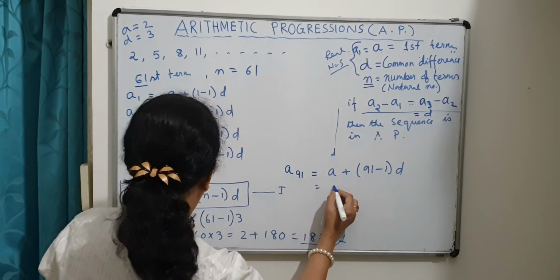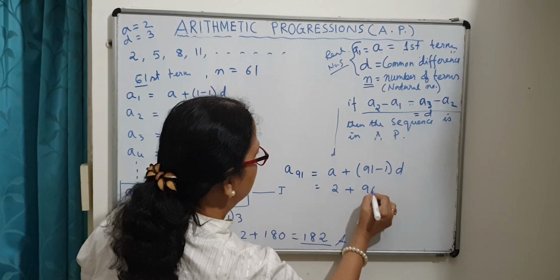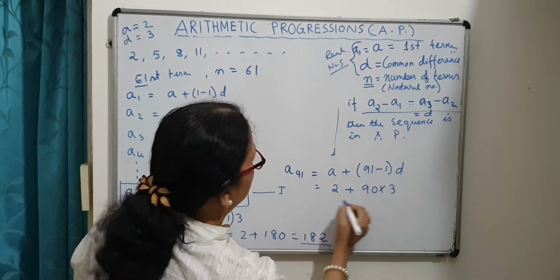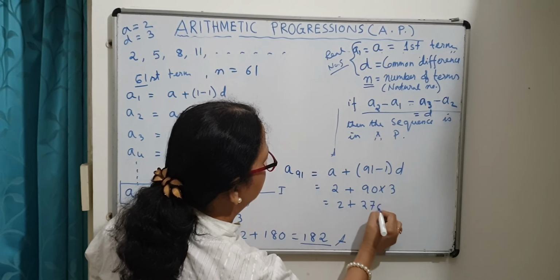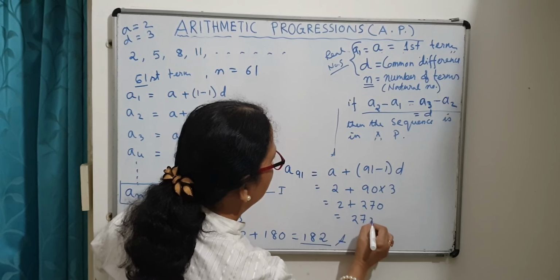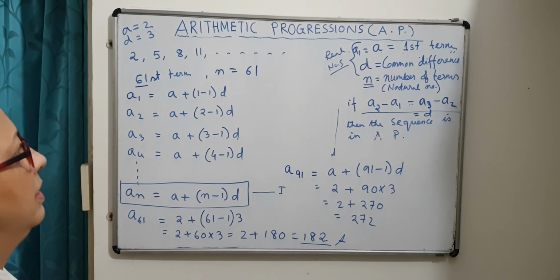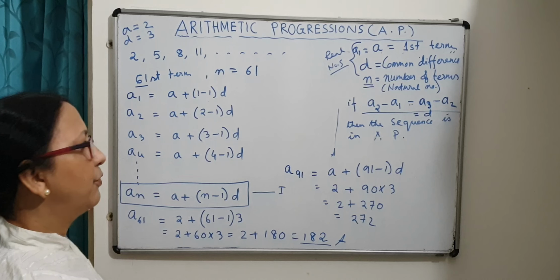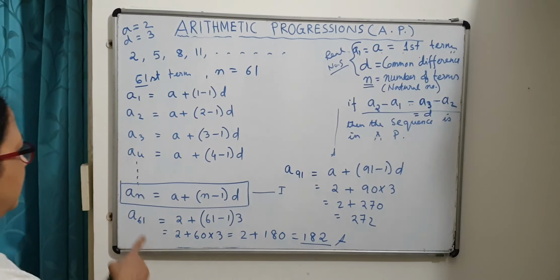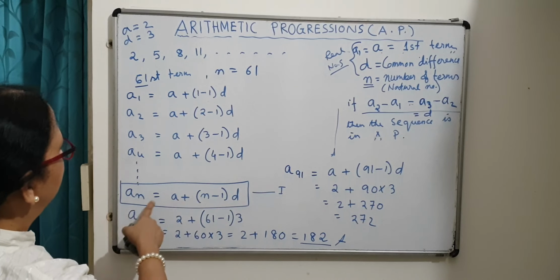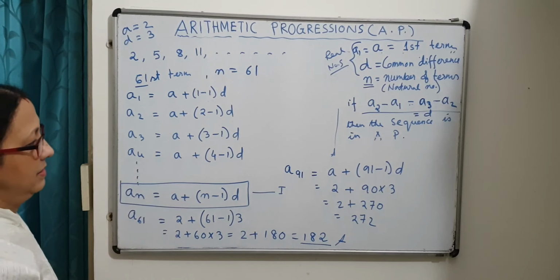Put the values: a was 2 plus 90, and d was 3. So 2 plus 270, so 272. In this way we can find the value of any term. This is the formula we have to remember, which we derived simply by observing.